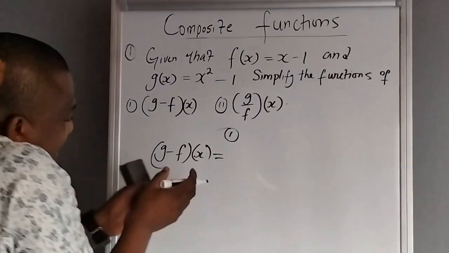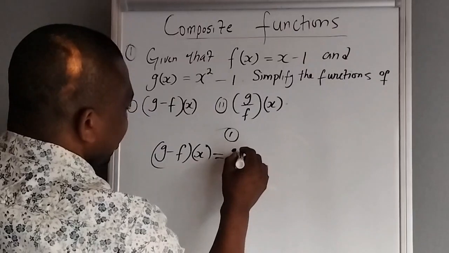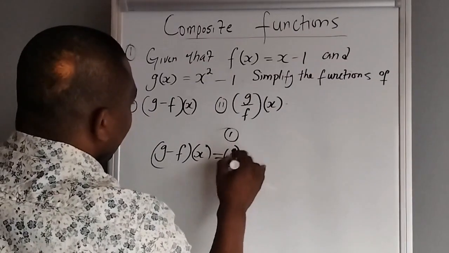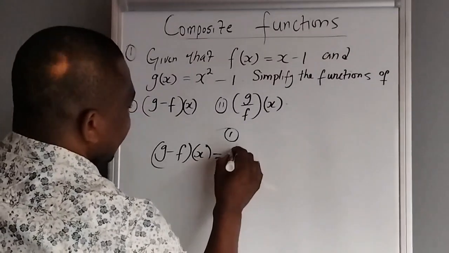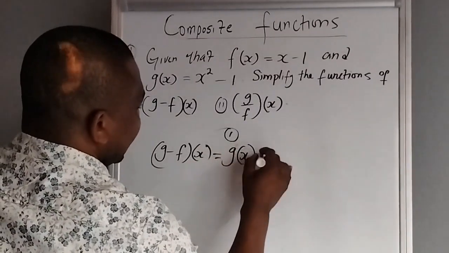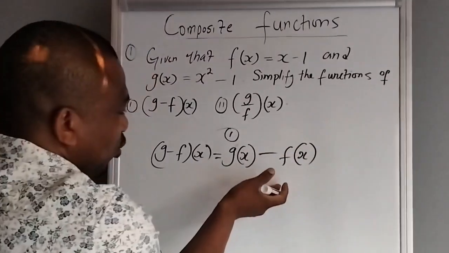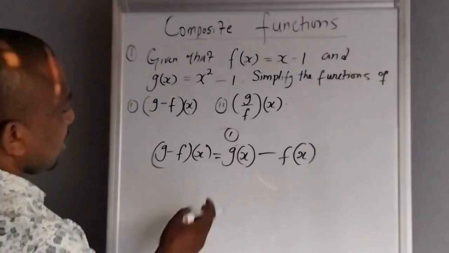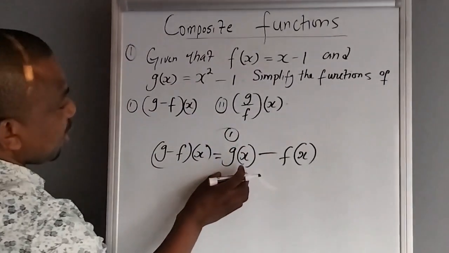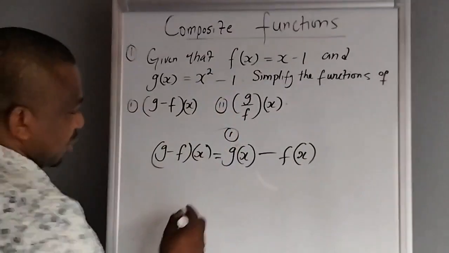Basically, this simply means g of x minus f of x. These are two functions. Combining two functions, that is what it simply means. So quickly, let's see what g of x represents in this function here.